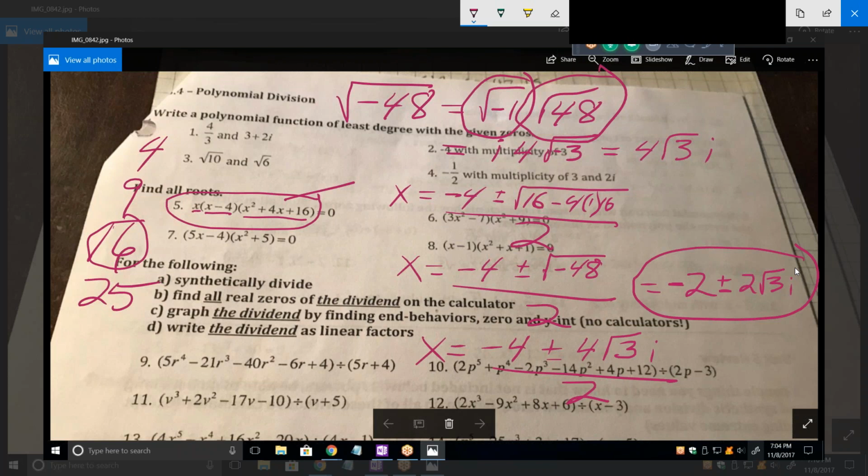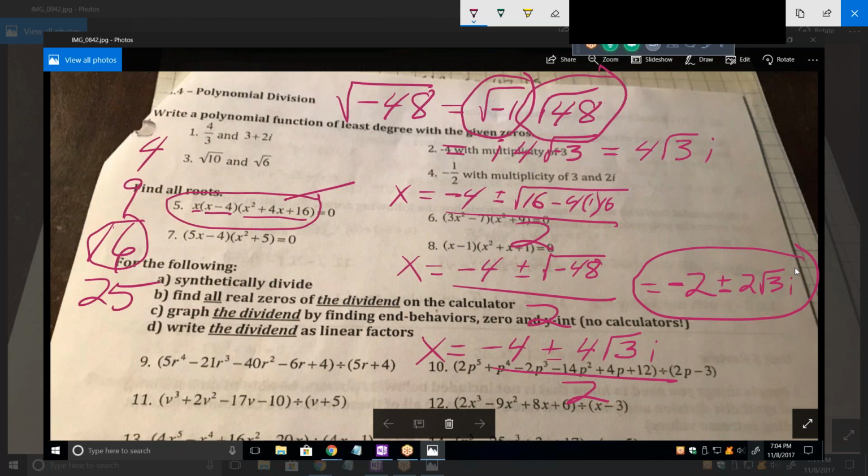Excuse me. Find all roots. So it'd be like x minus that whole thing. Which is 2 different roots. Now, the only thing here, let's talk about this for a second.